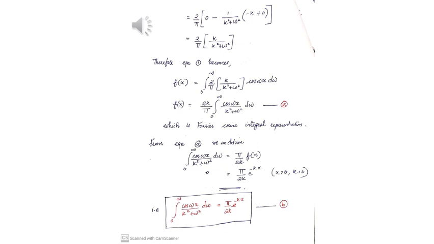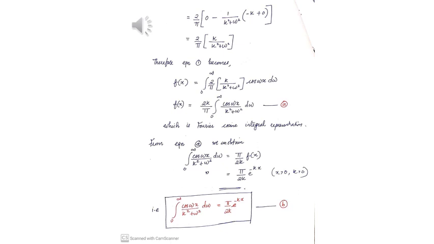Now from this we have to collect our Laplace integral. Just see how we are going to get it. From equation number A, we obtain integral 0 to infinity cos omega x divided by k square plus omega square d omega is equal to pi by 2k into f of x.